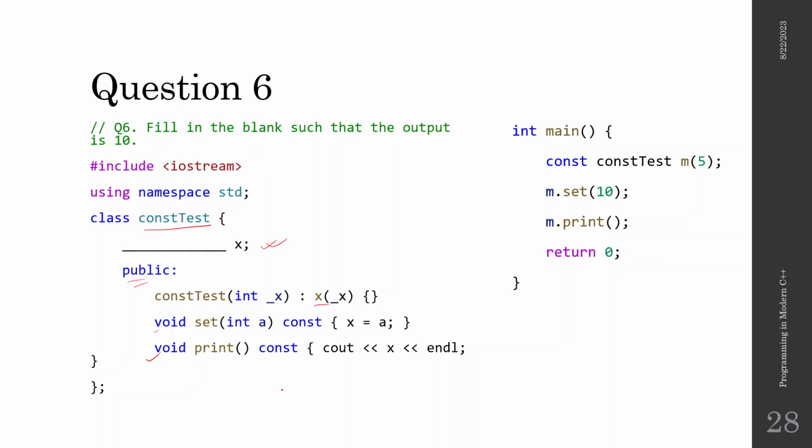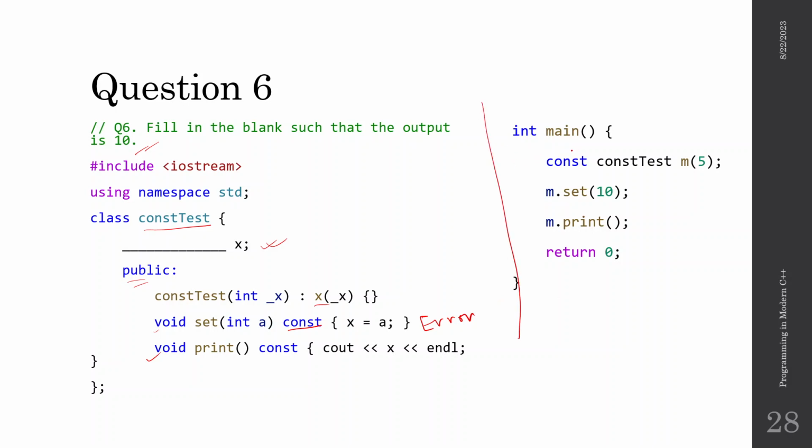Now one thing you will notice is that this set function sets the value of x, but it is also marked as a constant function. As you know, a constant function cannot modify the state of the class. So this should generate a compiler error, but here we want the value 10, so we'll see how we can get around it.